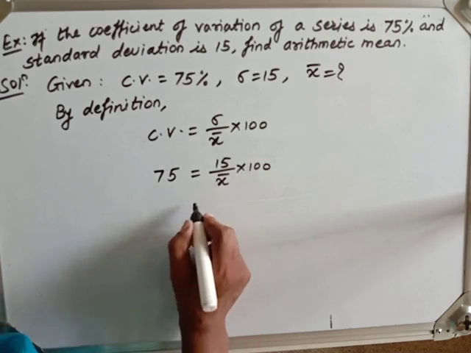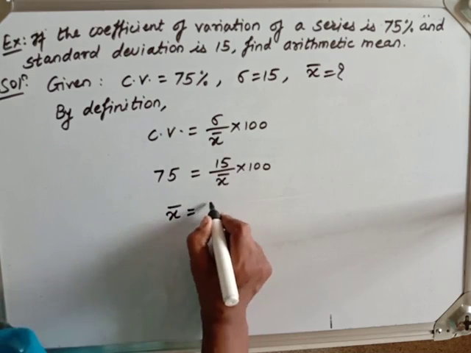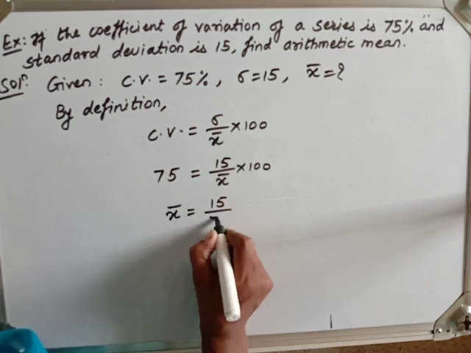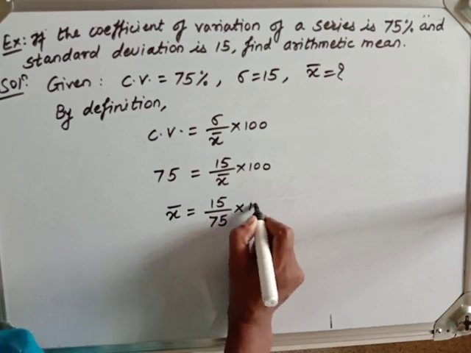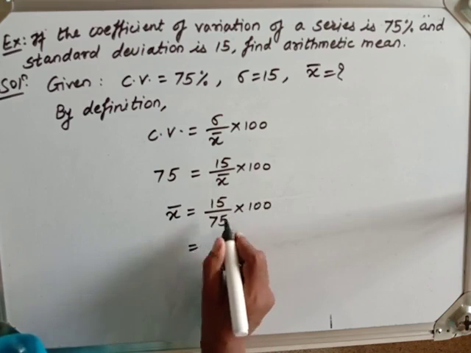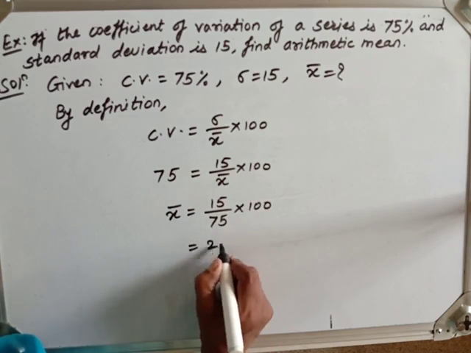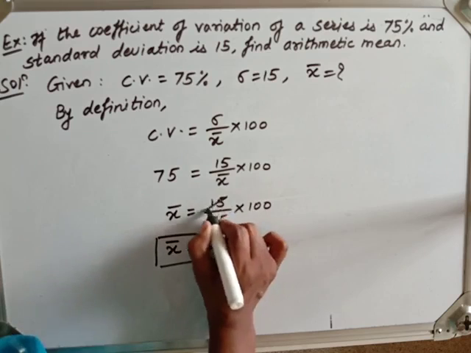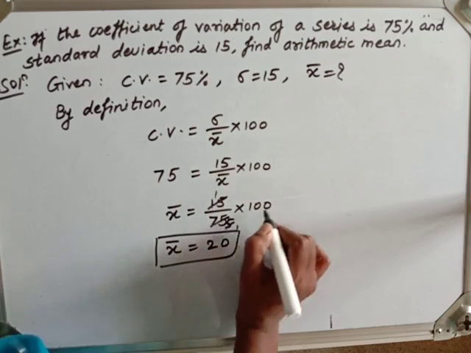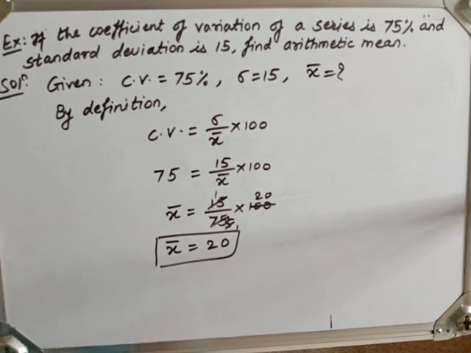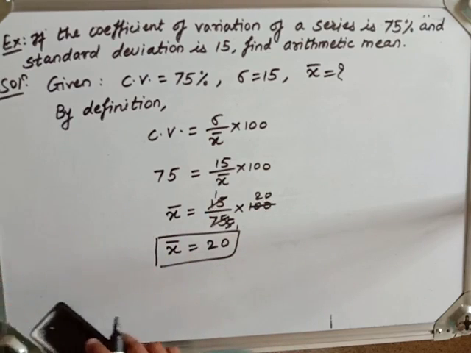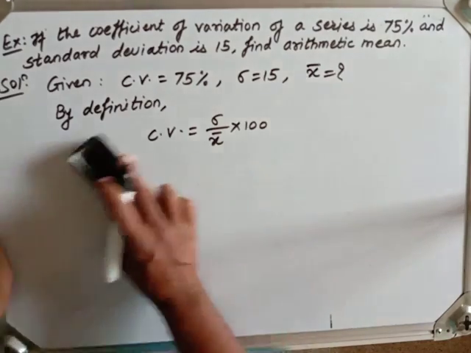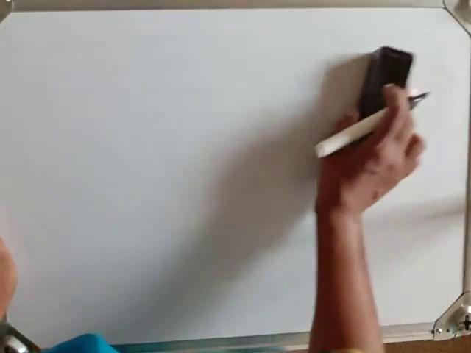So x bar is equal to 15 upon 75 multiplied by 100. This simplifies to 20. Here 15 ones are 15, 15 fives are 75, 5 ones are 5, and here this will be 20. As such, x bar will be 20. Such small examples may ask for 2 marks in your question 1.